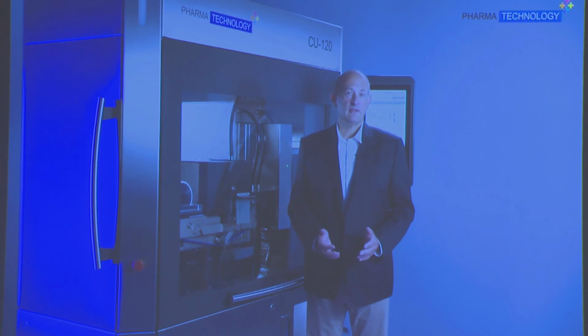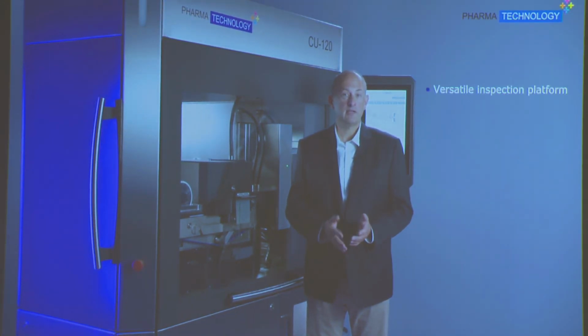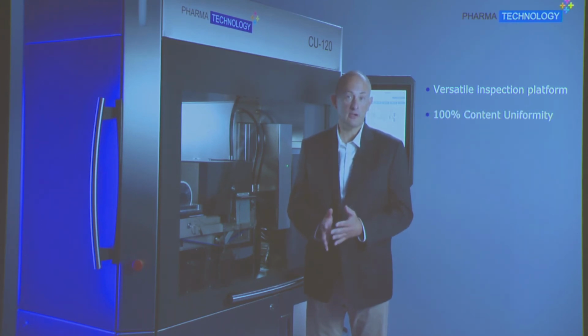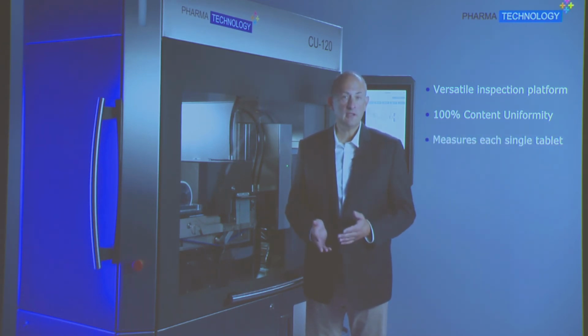The main key benefit of the CU120 is being a versatile inspection platform, thanks to its multiple embedded technologies. The machine predicts in real time 100% content uniformity, resulting from the individual tablet API fractions and mass measurements up to 120,000 tablets per hour. Additionally, the diameter and thickness of each individual tablet is measured.